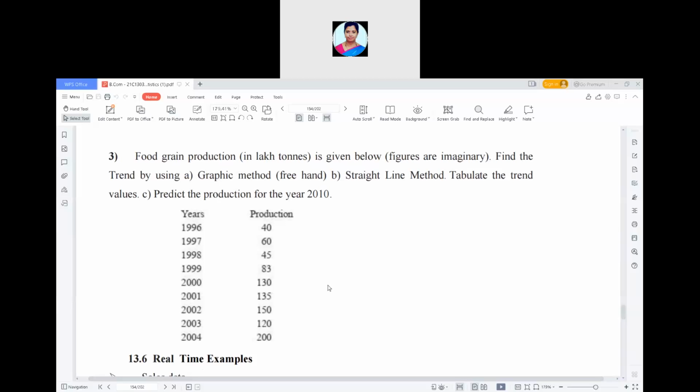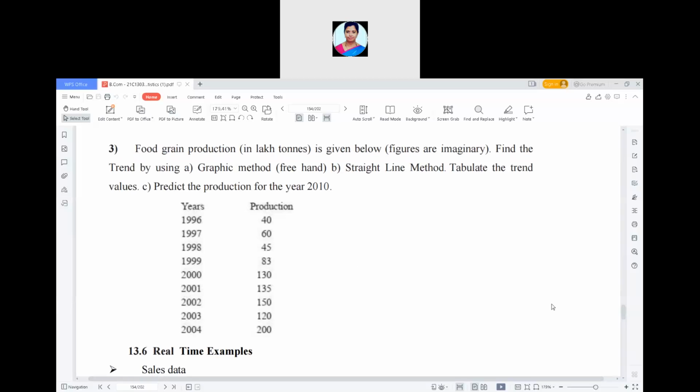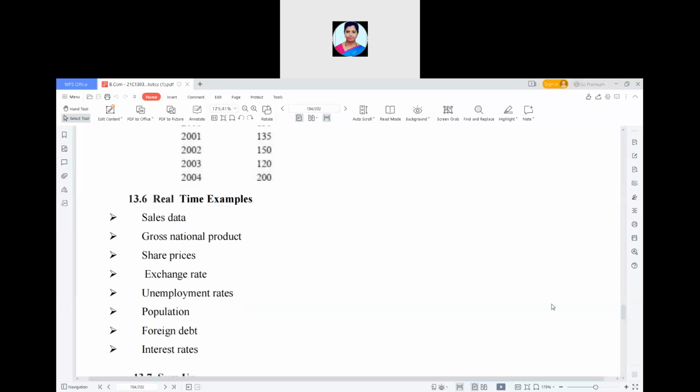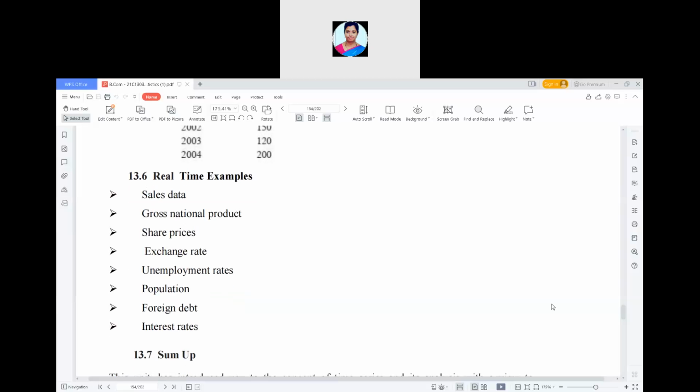So the food grain production we have. Some real time examples we have are sales data, gross national product and share prices, exchange rate, unemployment rates, population, foreign debt, and interest rates.